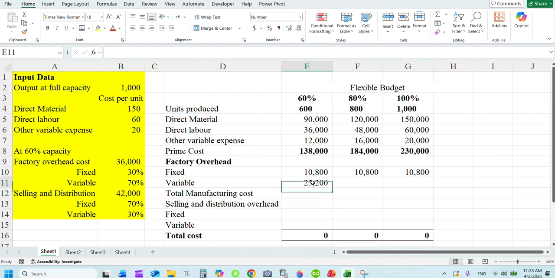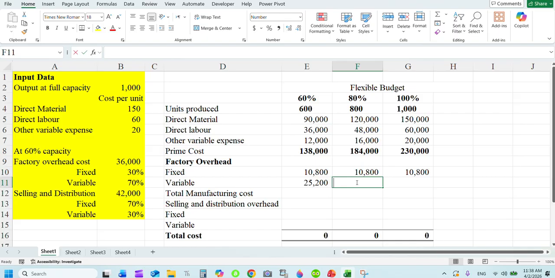So this is our variable overhead cost. Now this variable overhead cost will vary when it comes to the 80% level, because at 60% level it is 25,200, and if it is variable, it will vary at the 80% level.